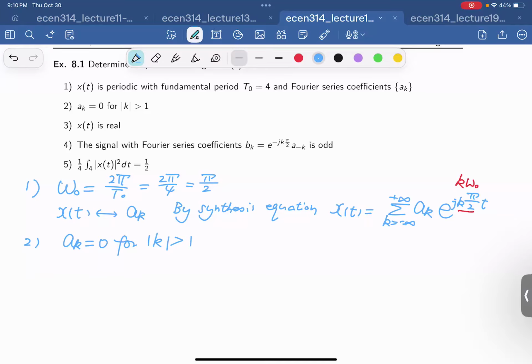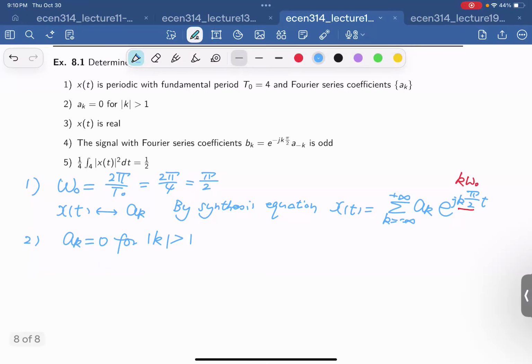So that means the only non-zero Fourier series coefficients are a0, a minus 1, and a plus 1.